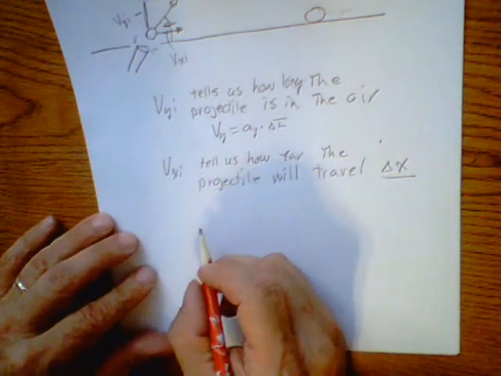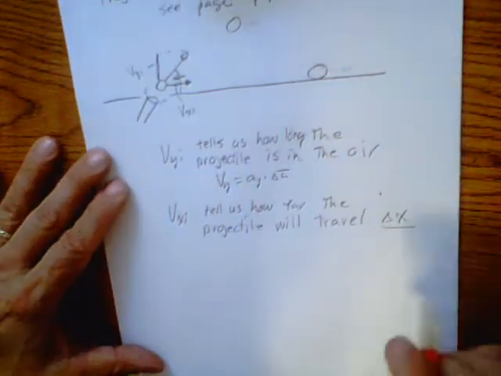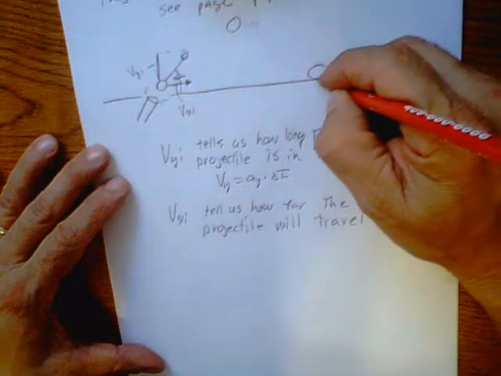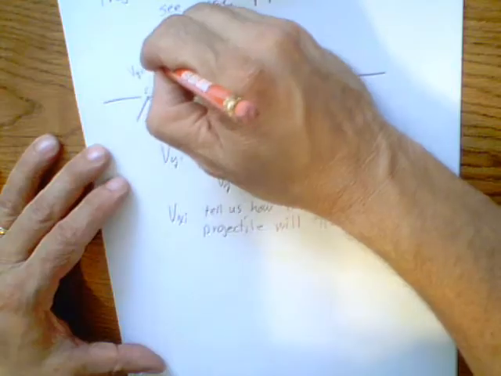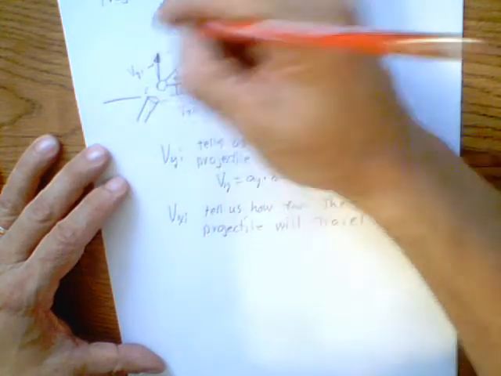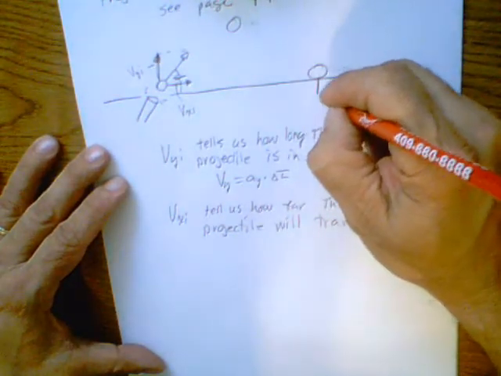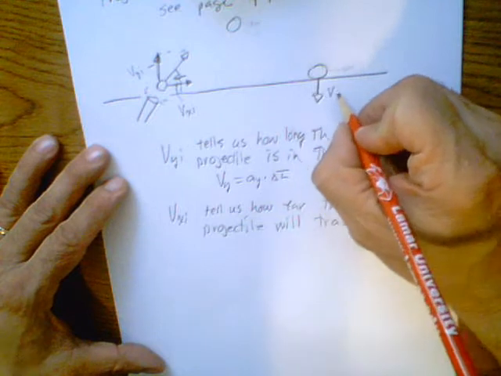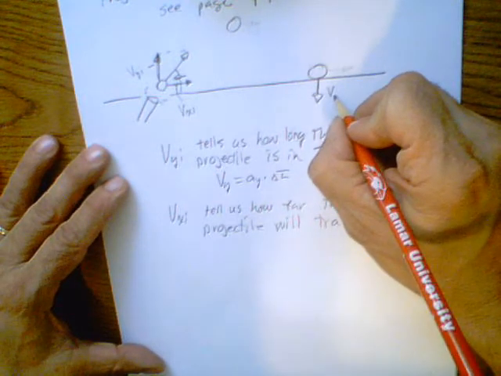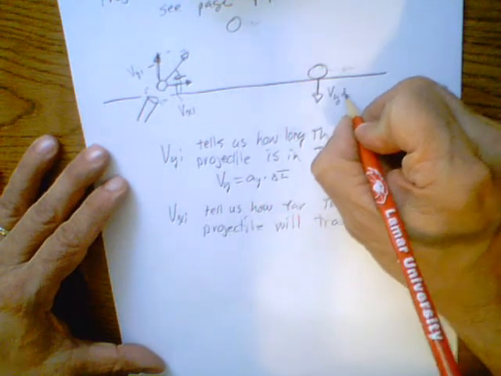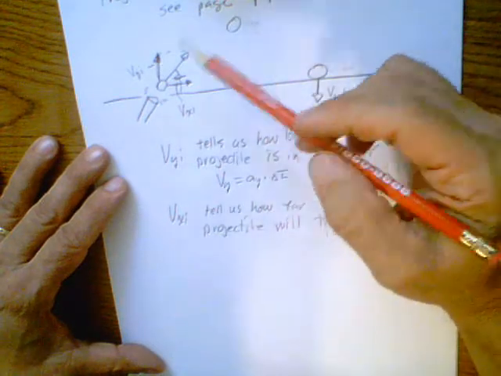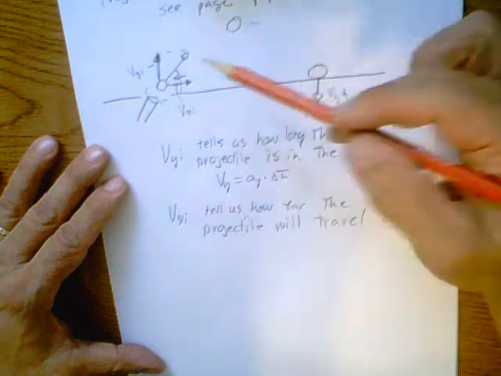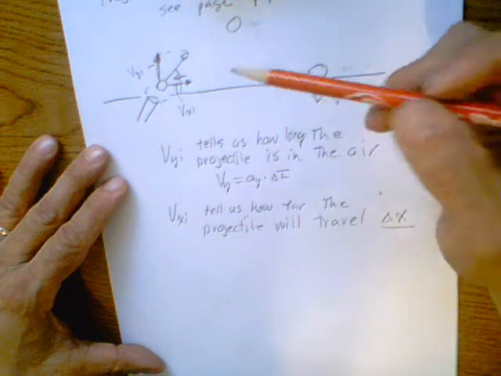The other thing that's important to recognize is that this vector, this velocity y in the i direction, is going to be the same except for the negative at velocity y final and velocity y initial.